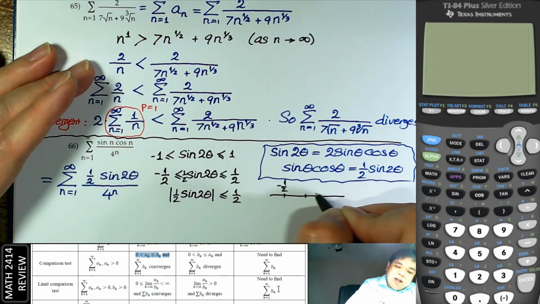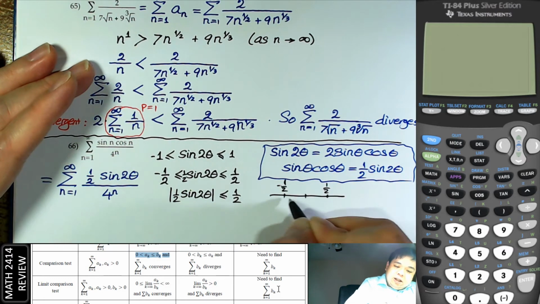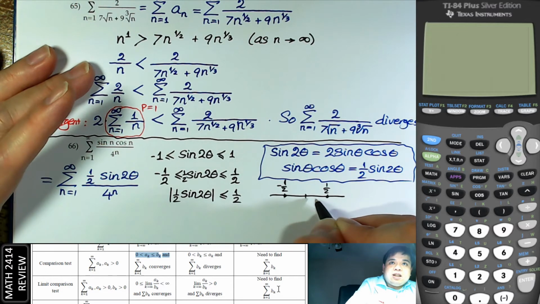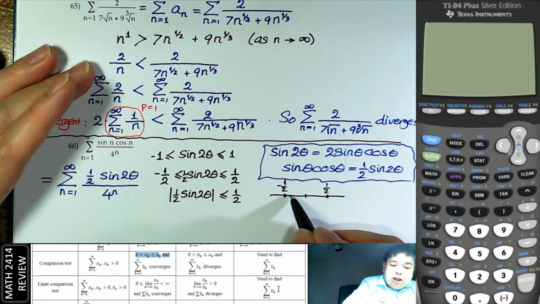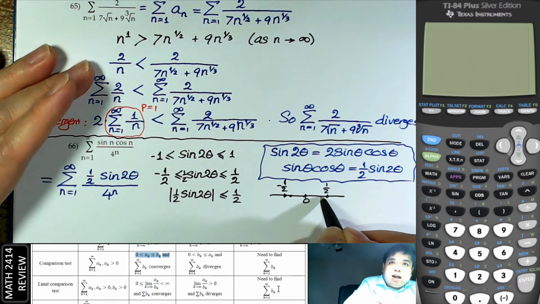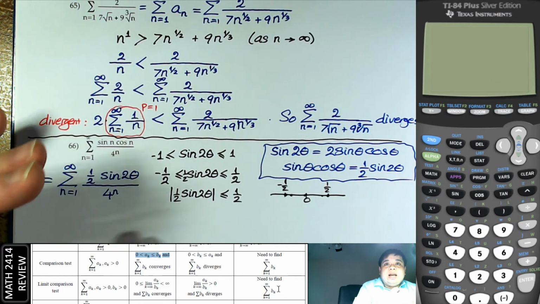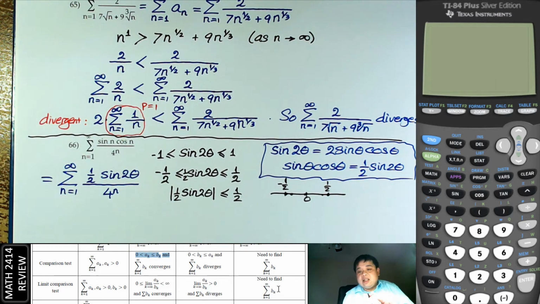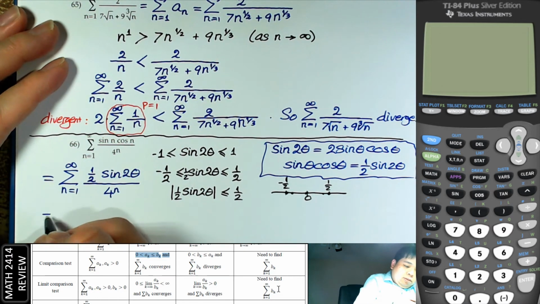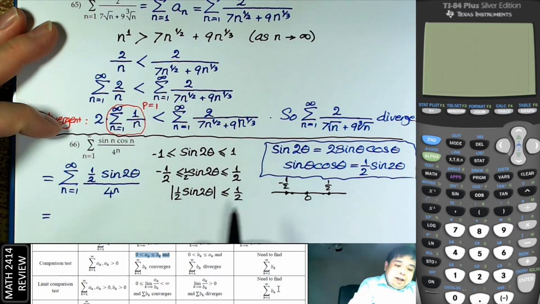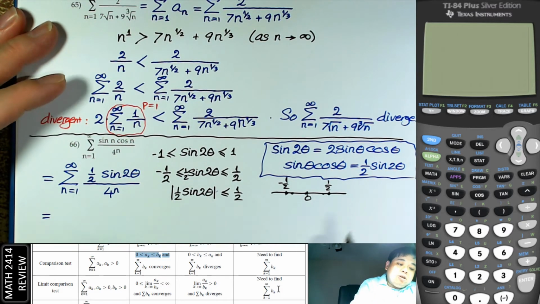If it is between -1/2 and 1/2, the distance to 0 of course is less than 1/2, right? If we take the point here and go to 0, that distance is less than 1/2. So if the distance is less than 1/2, then we say the absolute value is less than 1/2.